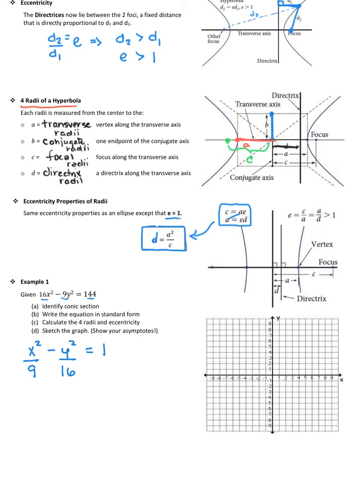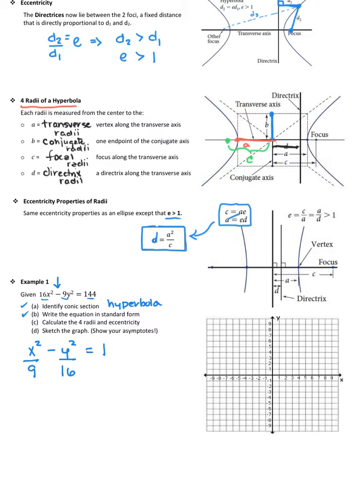Obviously we know this is a hyperbola, not just because these are notes on hyperbolas, but because of that negative there. And it doesn't matter whether your coefficients are the same or not. We wrote the equation in standard form.